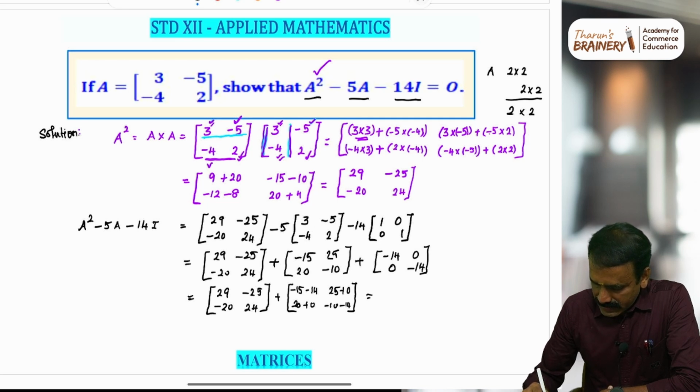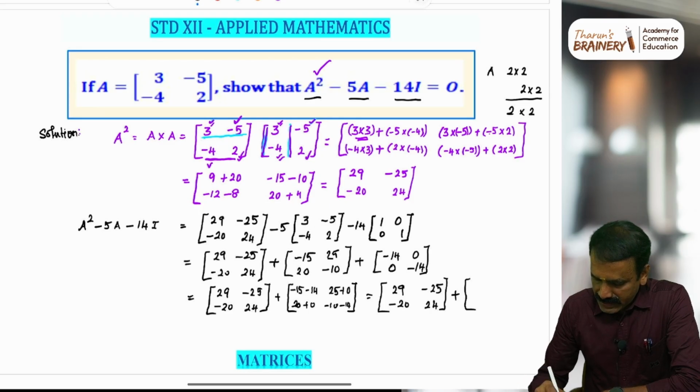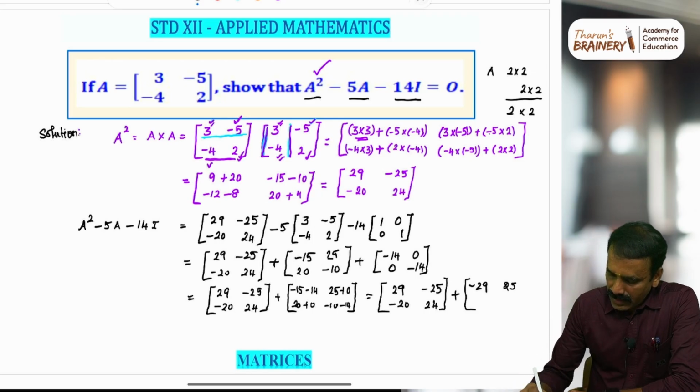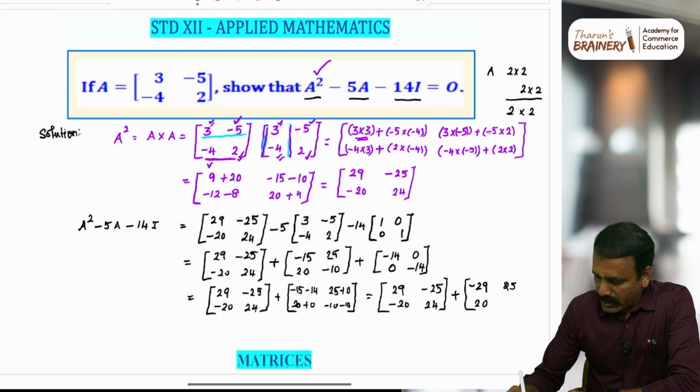So you can very well see that, simplifying this expression, minus 15 minus 14 is going to be minus 29. 25 plus 0 is going to be plus 25. 20 plus 0 is going to be 20. Minus 10 minus 14 is going to be minus 24. So we simplified the second matrix.